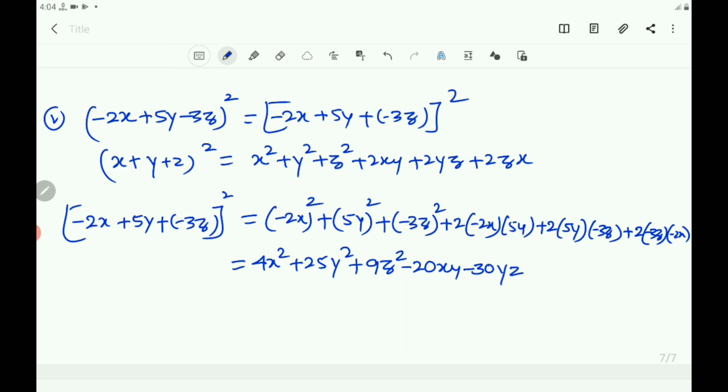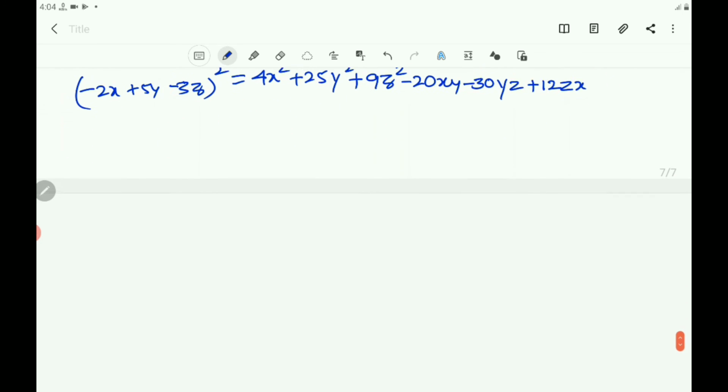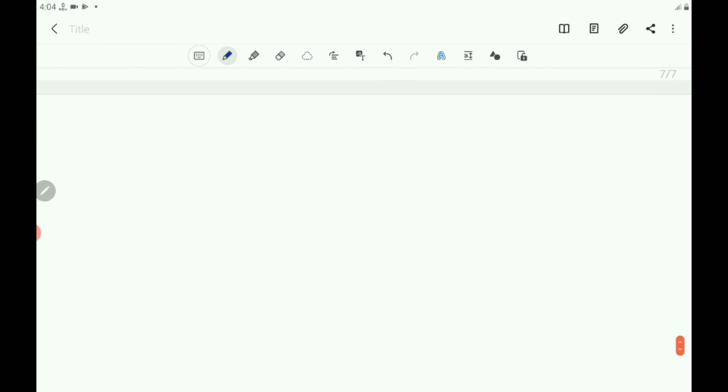And the product of 2 into -3z into -2x: 2 3s are 6, 6 2s are 12, and 2 negative signs are there, so it is +12zx. Got the expansion of (-2x + 5y - 3z) whole square. Then the last one, sixth one.